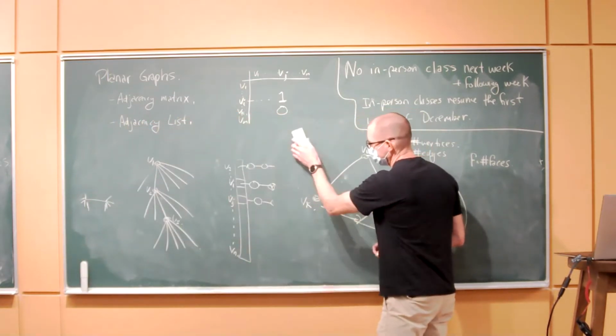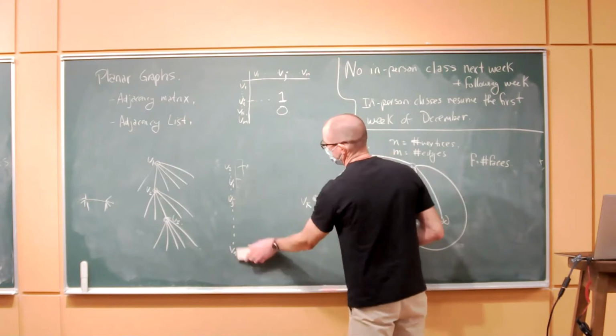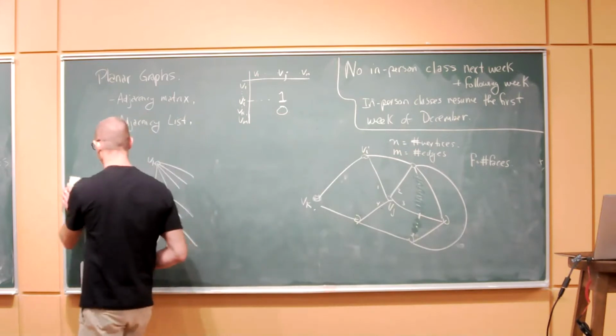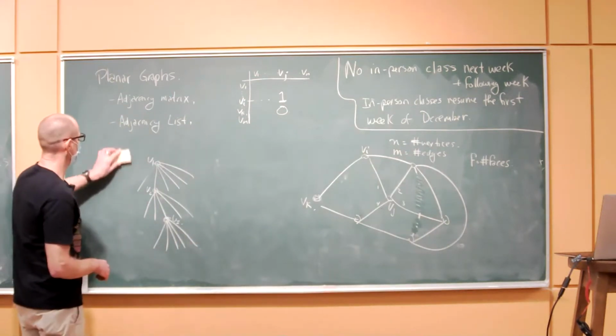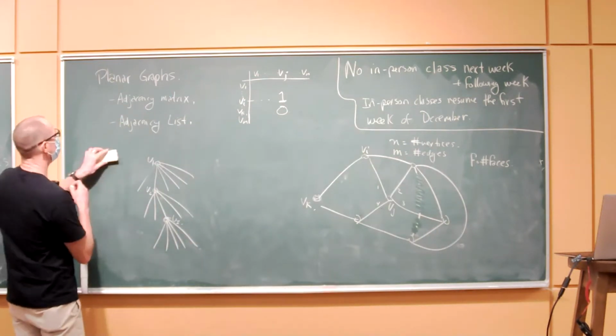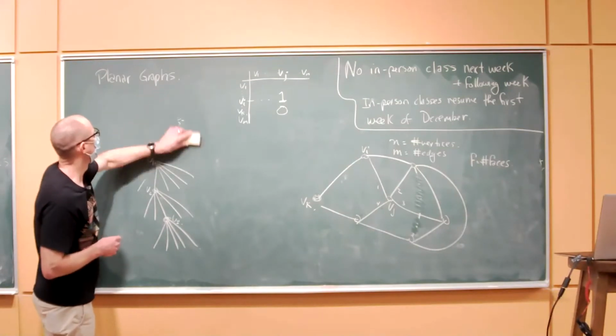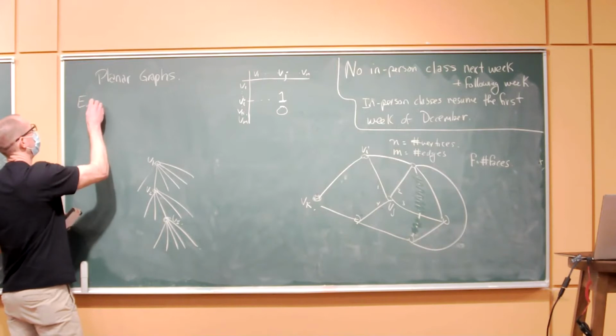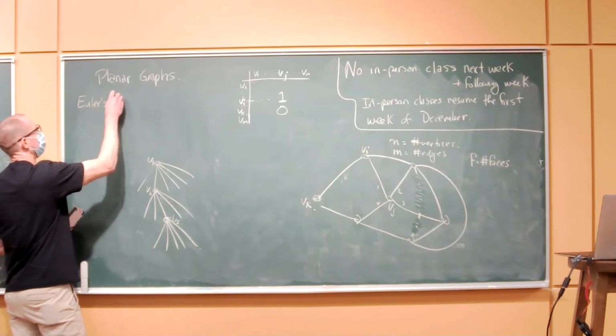All right. So, does anybody know about Euler's formula for planar graphs?